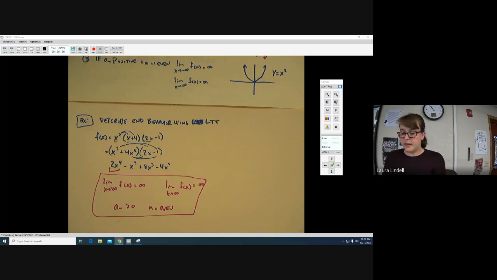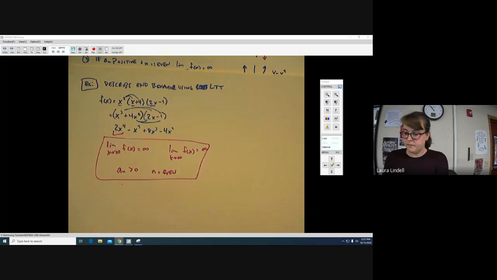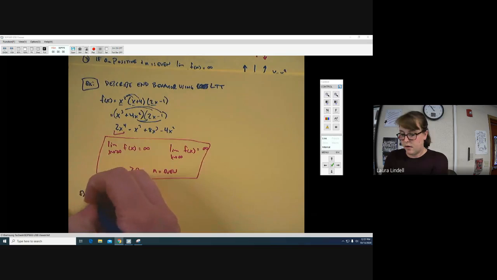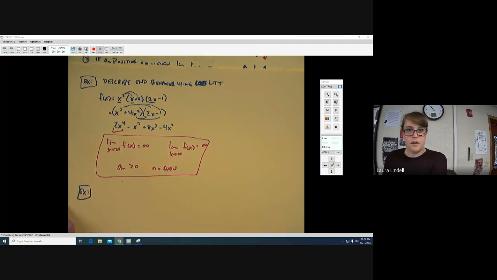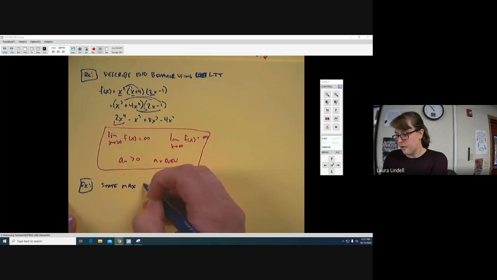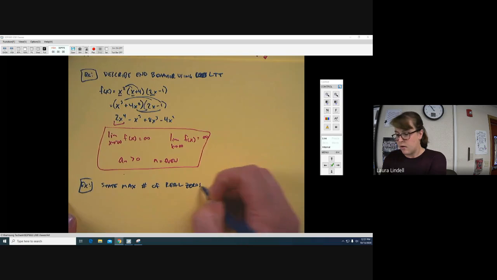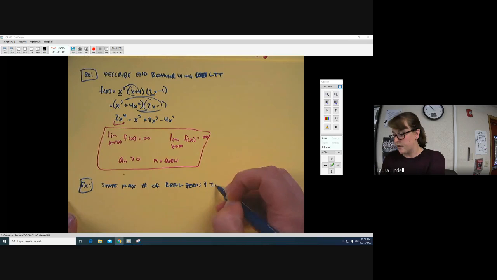Another one that we might see is, let's see, state the maximum number of real zeros and turning points.